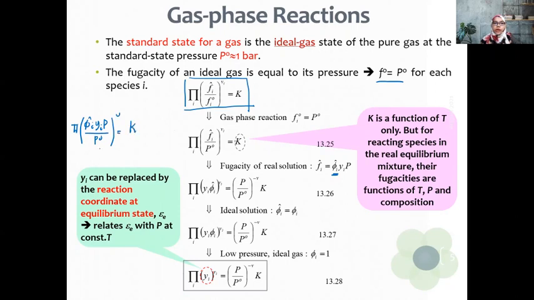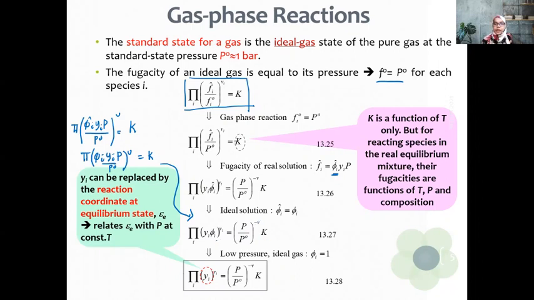For the ideal solution, we can replace the fugacity of the species in the solution with yi P over P naught, and then we can rearrange this expression. So the mole fraction times the fugacity coefficient of the species i, to the power of its stoichiometric number, equals P over P standard to the power of minus the stoichiometric number, times K.